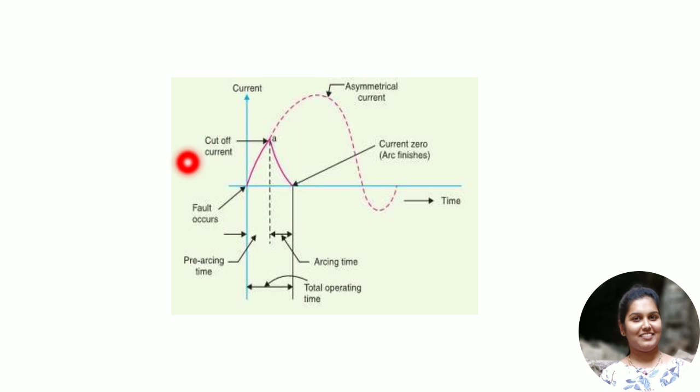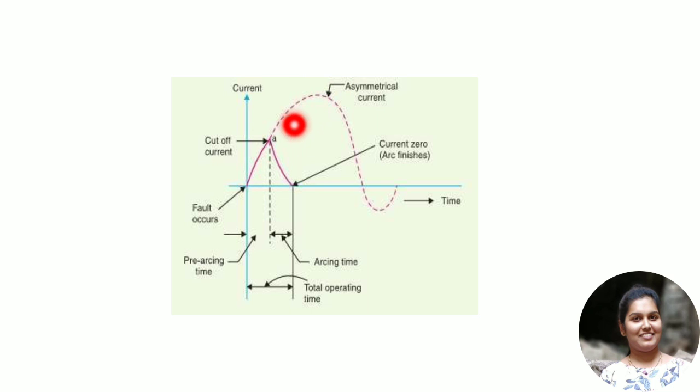This is what I was telling you previously. Cutoff current is the current at which the faulty current is sufficient to switch off the circuit, or disconnect or blow off the fuse.